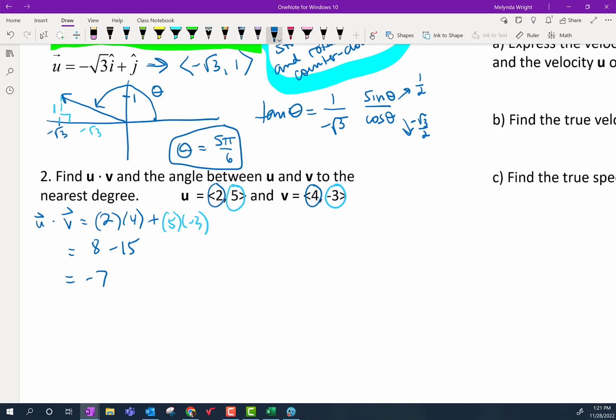I would like to draw these two vectors over here so we can get a kind of a feel for what we're doing. So I'm going to draw vectors in standard form. So vector u is over 2 and up 5.